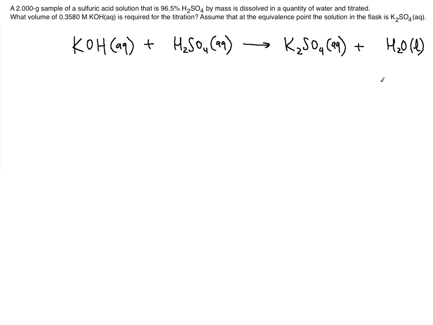So now we have to balance. How many oxygen atoms do you see here? 4 and 1, that's 5, so nothing to be done there. However, there are 2 hydrogen atoms here because of the subscript 2. There's only 1 here, so we add the 2 there.